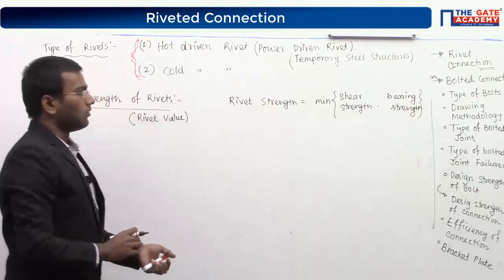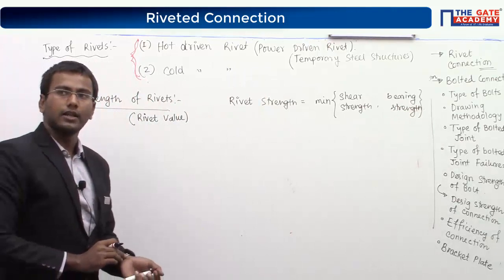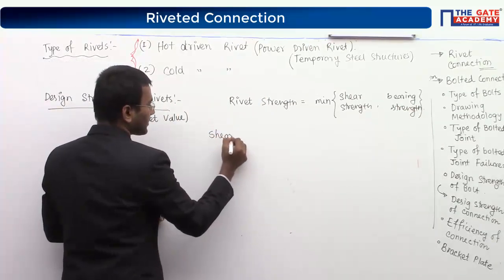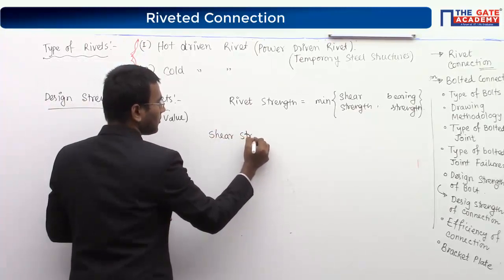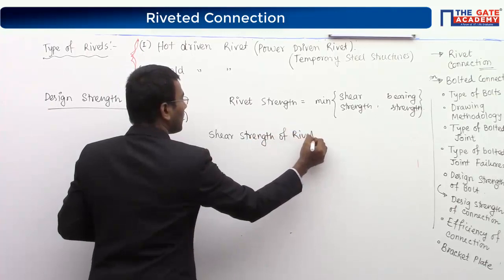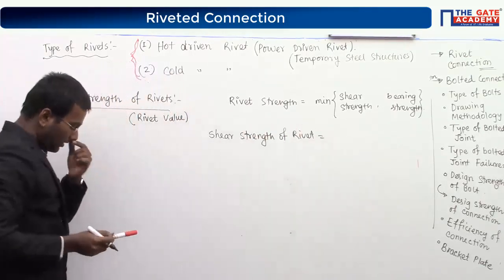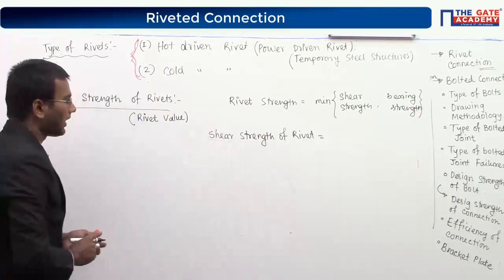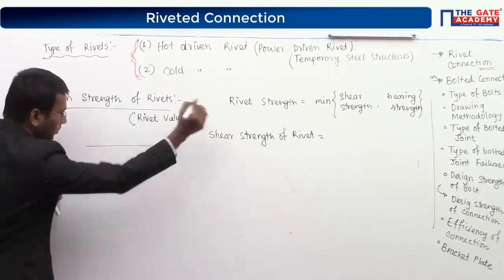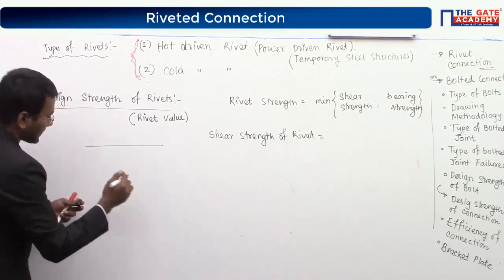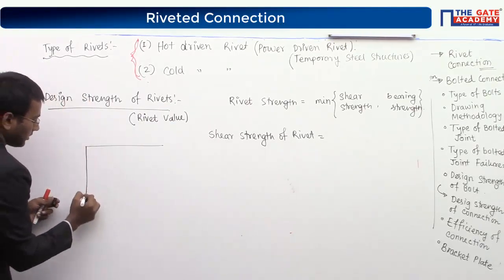Fine. Now, sir, what is the meaning of shearing strength and bearing strength? If I talk about the shearing strength of the rivet, what is the meaning of this? To understand the concept of shearing strength of the rivet, I have to go through the diagram properly. So let us draw one plate.